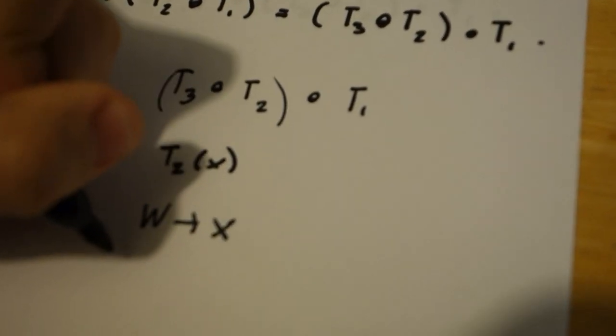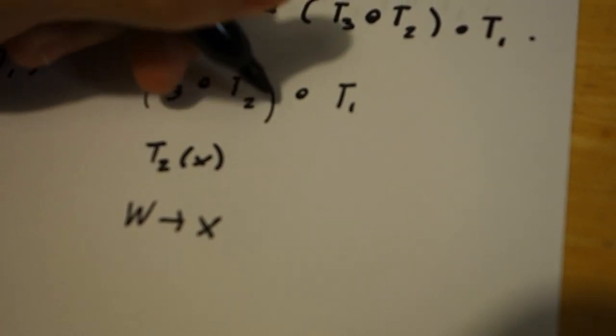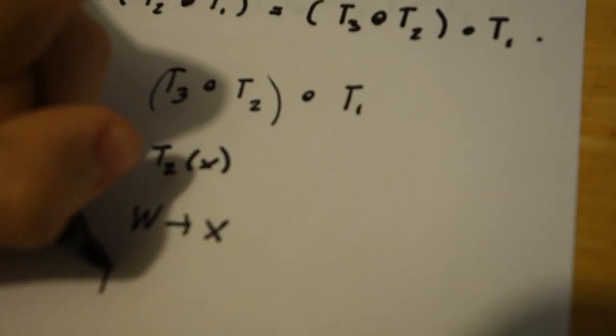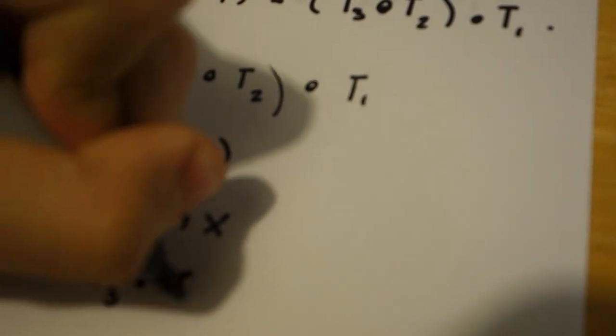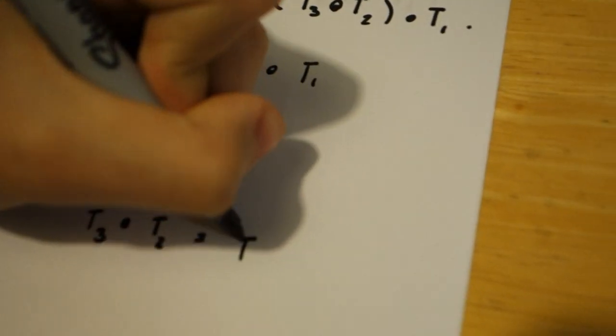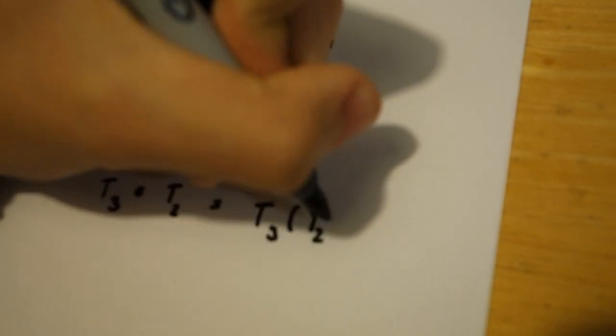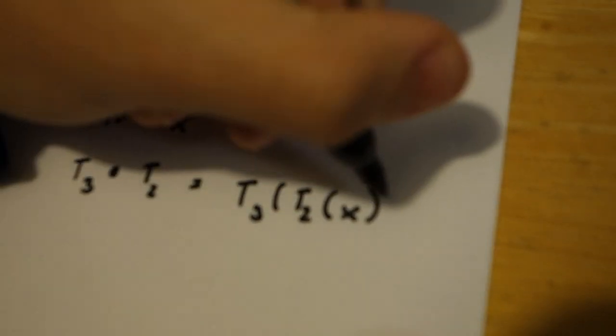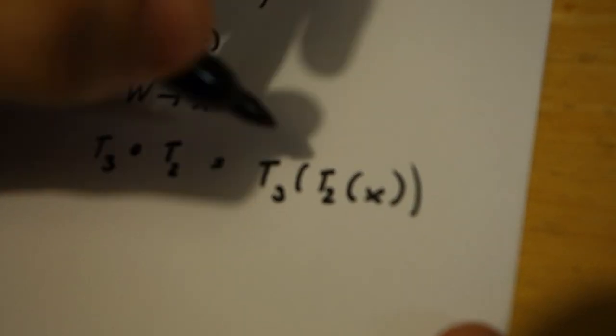Then we're going to focus on the entire parentheses. So T3 composite T2 is really equal to T3 of T2(x).